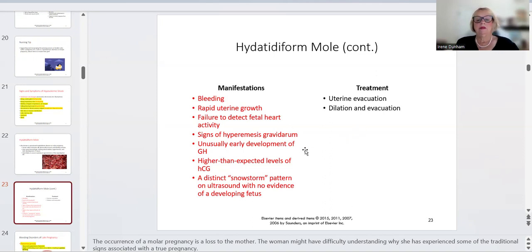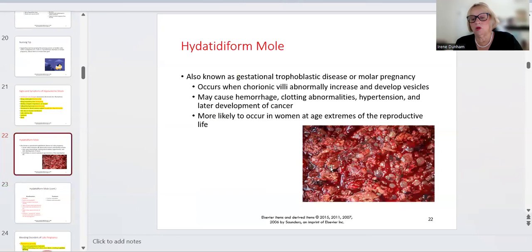Okay. And also, a patient who has severe hyperemesis gravidarum in the very beginning, you want to get that ultrasound too, because hyperemesis has been associated with molar pregnancy. Okay, all right. And another thing too is because there's so much cell division going on and it's rapid, her uterus gets larger than dates.